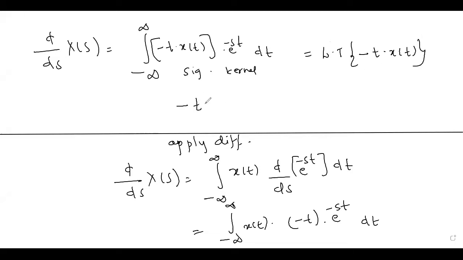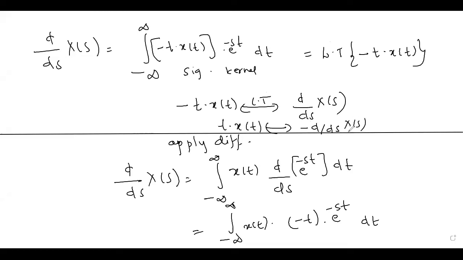So minus t into x of t, what is its Laplace transform? d by ds of X of s. Or t into x of t, what is its Laplace transform? Minus d by ds of X of s. Hence proved. Okay.